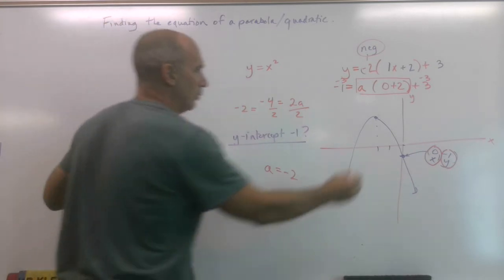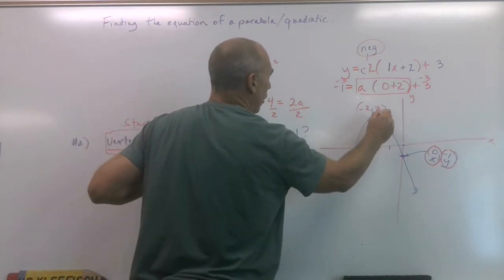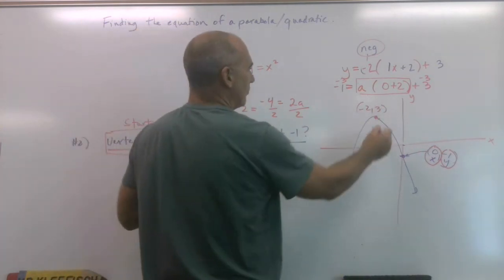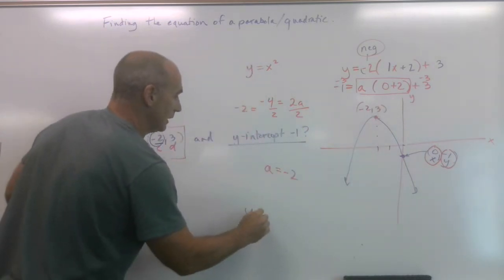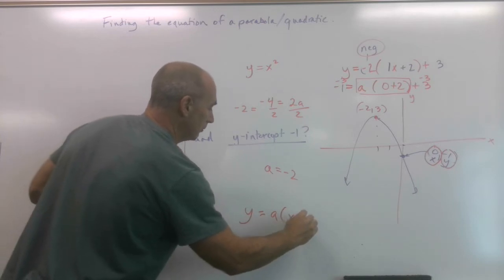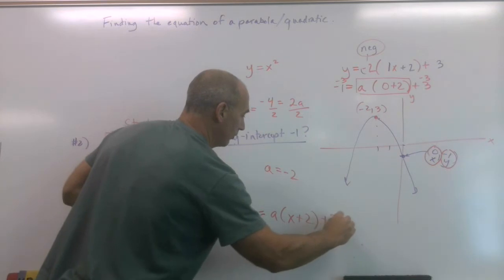Now some of you are like, well, why didn't you plug in -2, 3? That's a point also. If I did that, that's not really going to help me because I had y equals a x plus 2 plus 3.